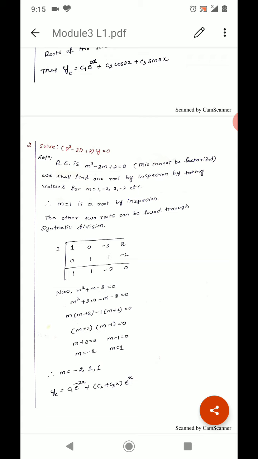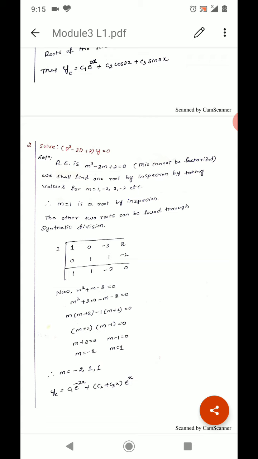Now we have to write this in the form of a quadratic equation. So the last term is 0. By neglecting that, first from the right side, we have minus 2, so taking that as the constant.